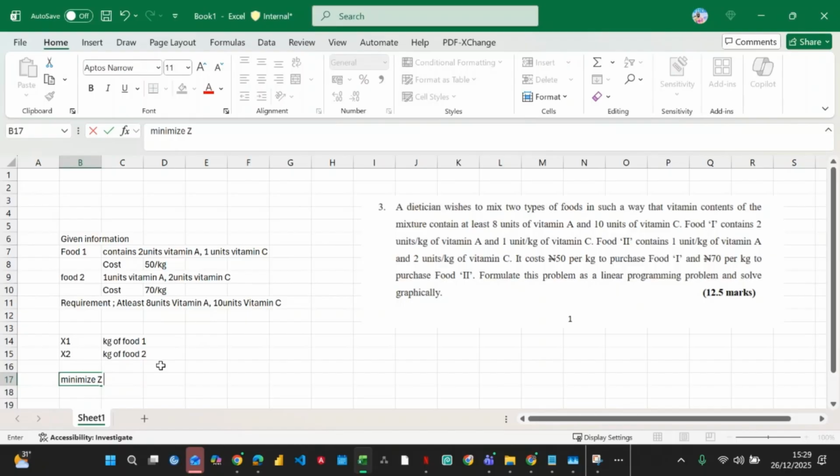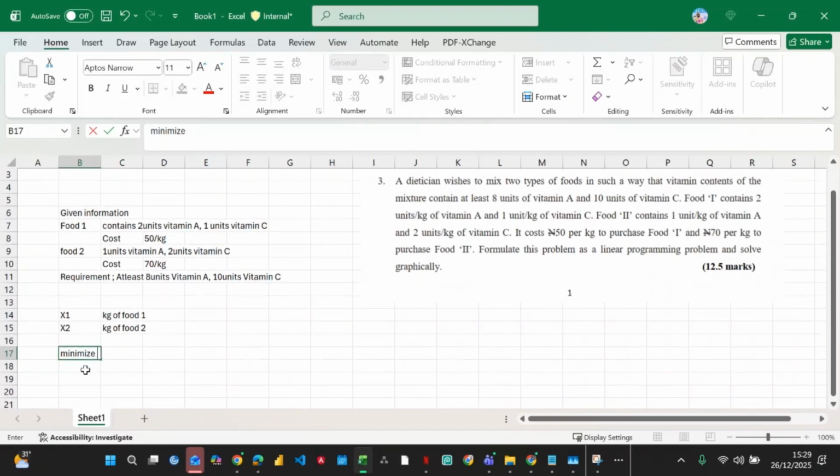Since we want to minimize our cost, which is Z, we say Z is equal to the cost function.